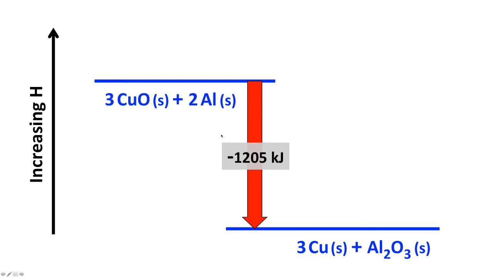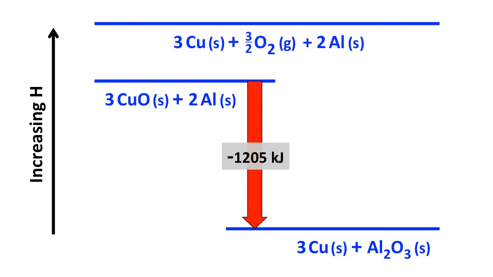But we could also think about this process as taking place in 2 steps, where first of all, the copper oxide turns into copper and oxygen, and that requires 471 kilojoules to occur.